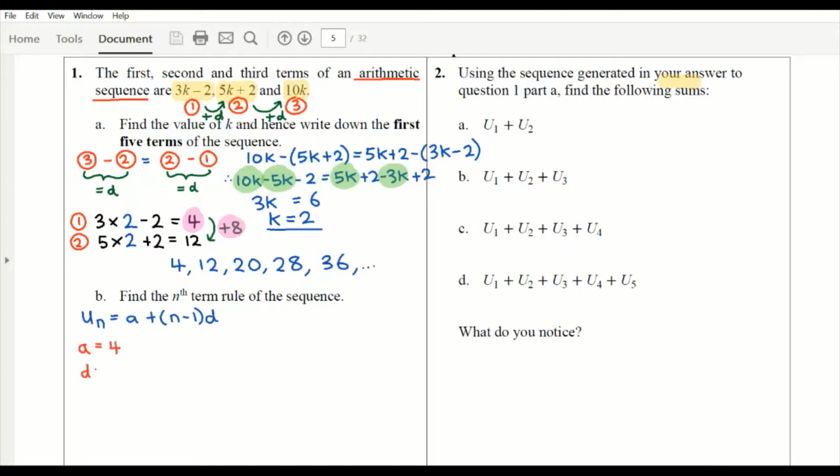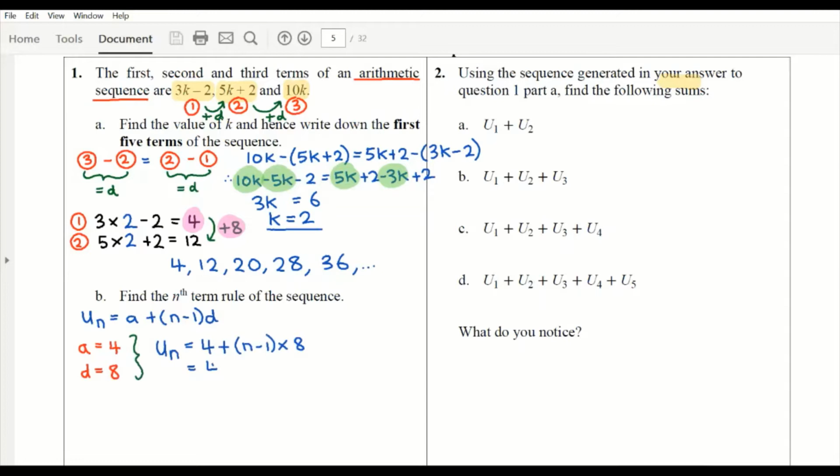And D is going to equal 8. And we will substitute those into the formula. So my UN is going to be 4 added to N subtract 1 multiplying my common difference 8.